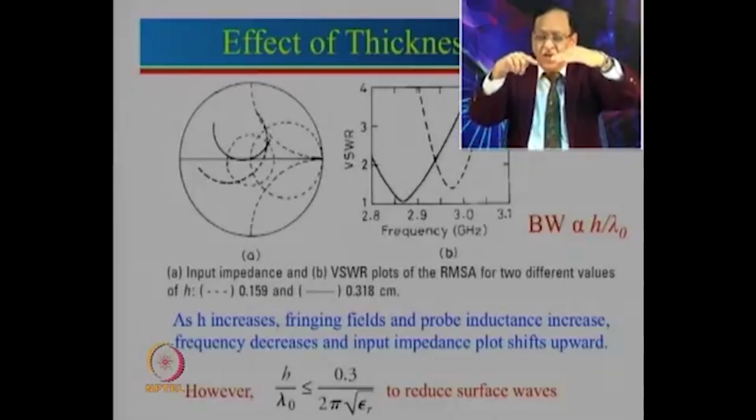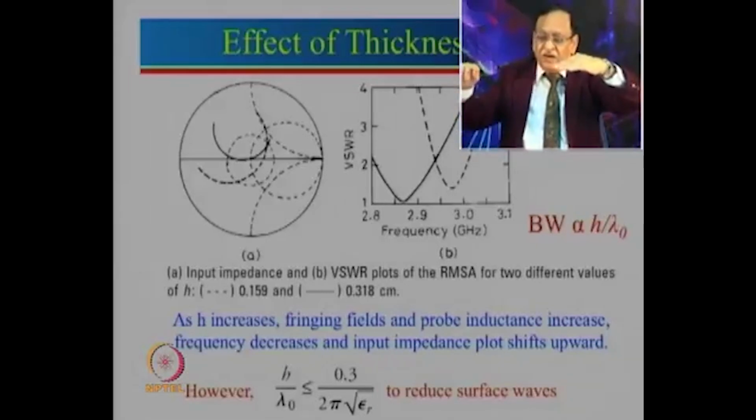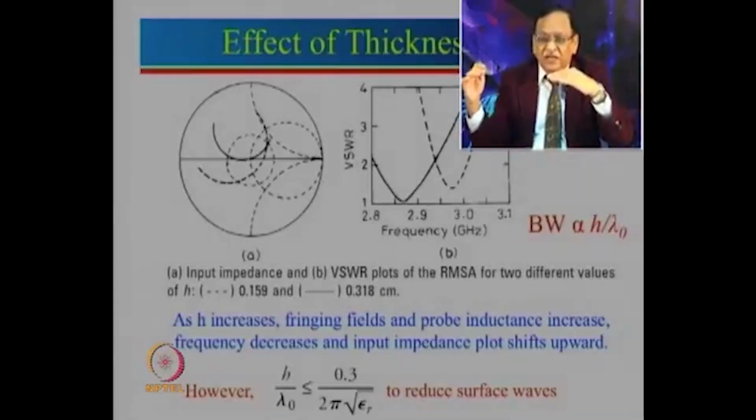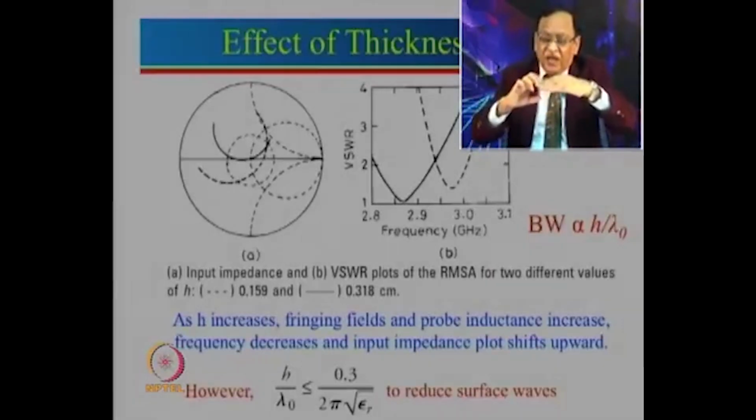Part of it will go into free space, part of it will be partly reflected, and there will be an angle where there can be a total internal reflection. Then this radiation is towards the surface, and that is not the desired direction, because we are designing the antenna for broadside, and here the propagation is as a surface wave.